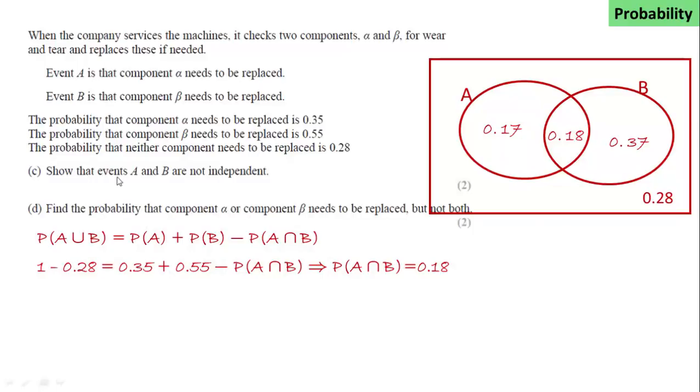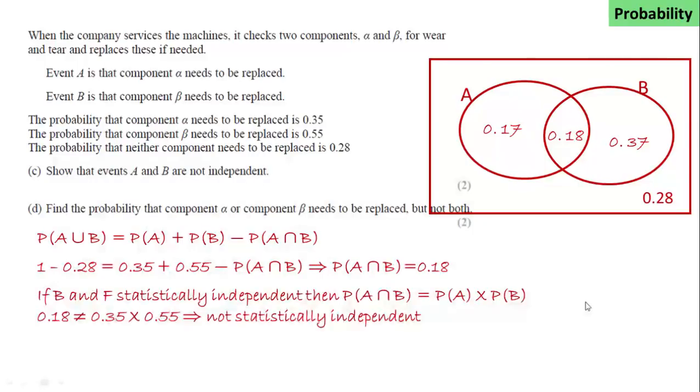So it says show that events A and B are not independent. If they were independent, then the probability of A and B would be the probability of A times the probability of B. And because 0.18 doesn't equal 0.35 times 0.55, this demonstrates that they're not statistically independent.